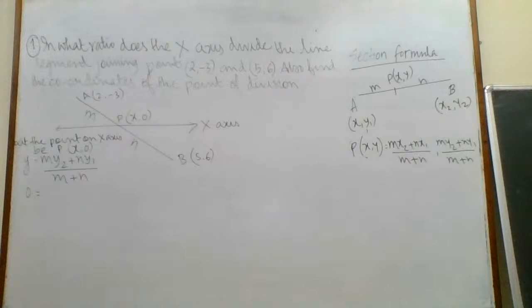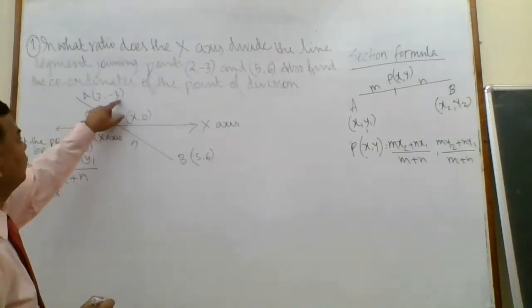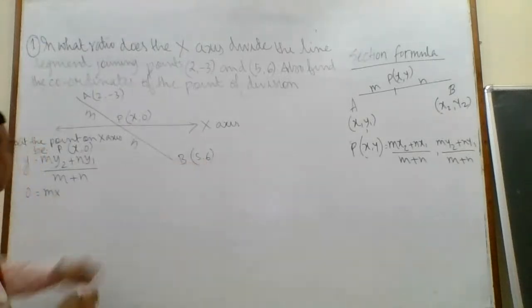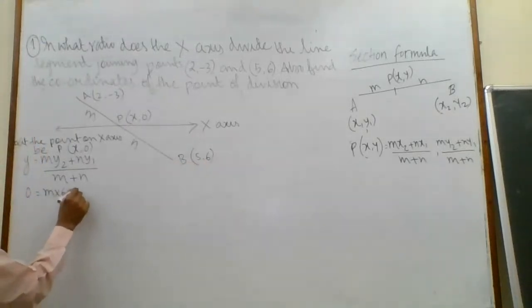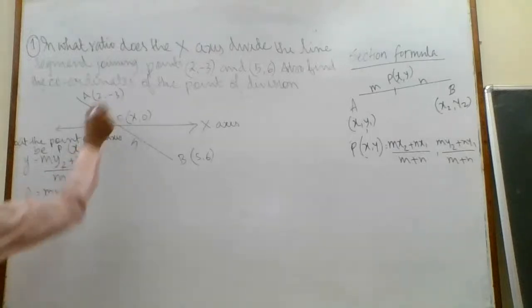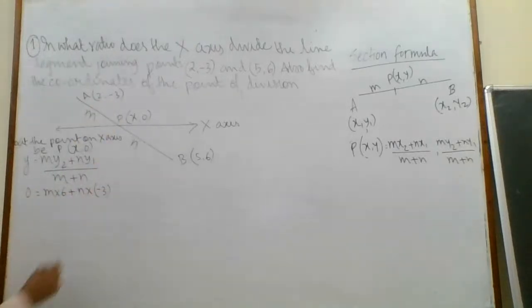So we are starting with y. m is unknown into y2, n unknown into y1, where y2 is 6 and y1 is minus 3, so 6m plus n into minus 3, divided by m plus n.